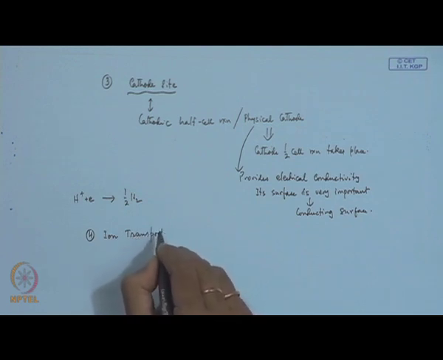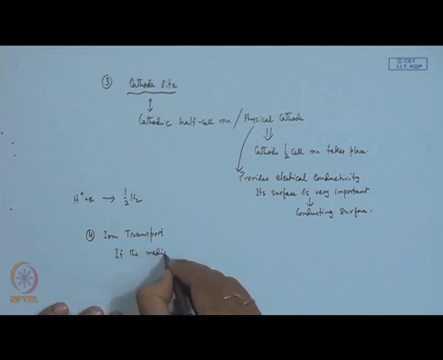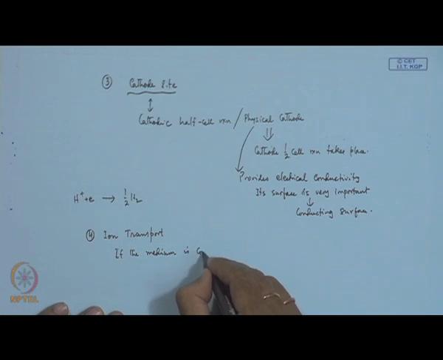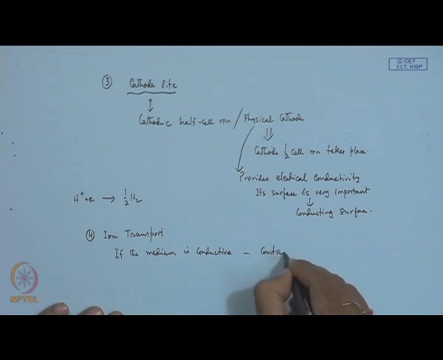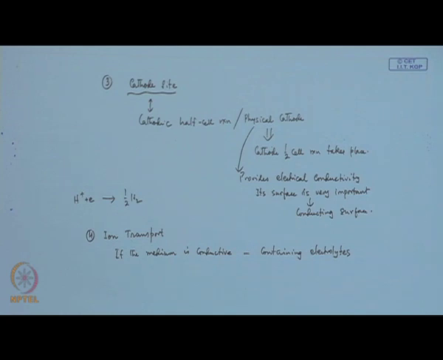Ion transport. Now in this process ionic transport is very important. So if the medium is conductive, that is, containing electrolytes, it is very important.